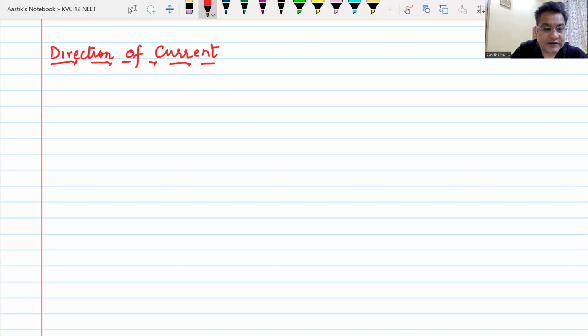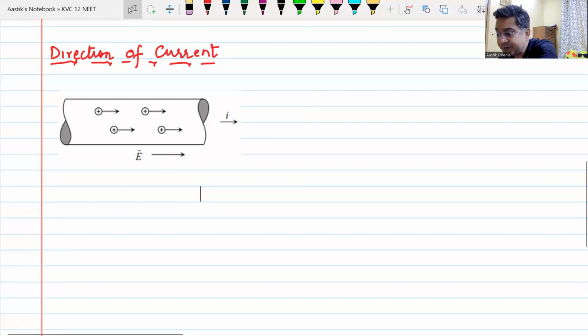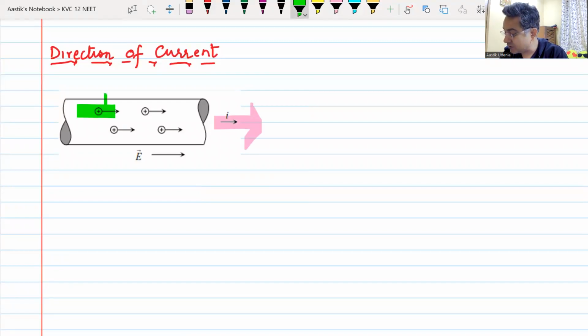You have to associate the direction of current with the direction of flow of charges, and that is how it is exactly done. The direction of current, as you can see, is taken as the direction of flow of positive charges. Do you see these positive charges? And you can see this electric field.